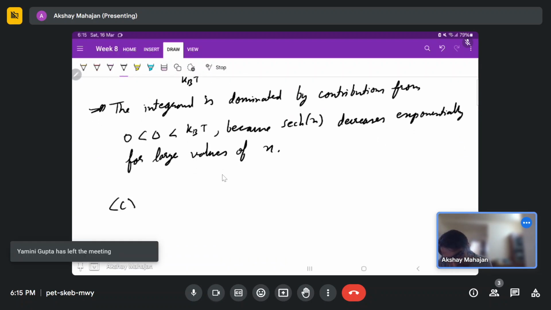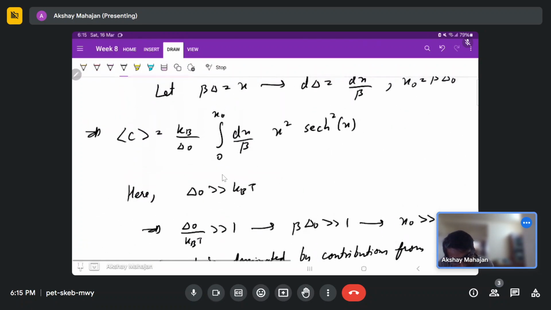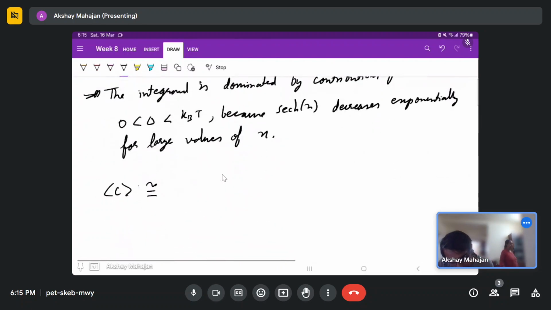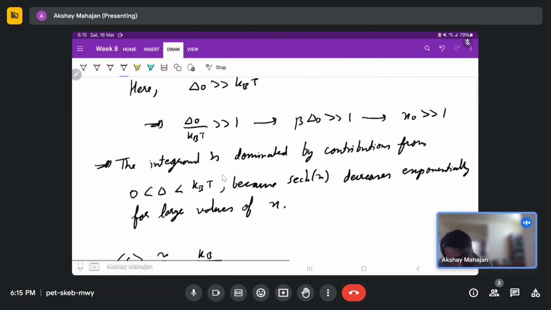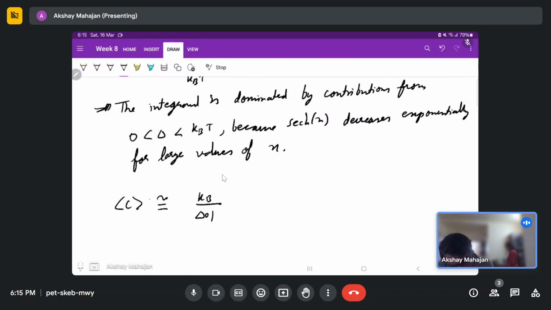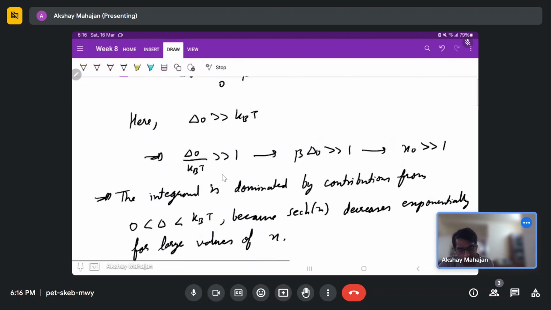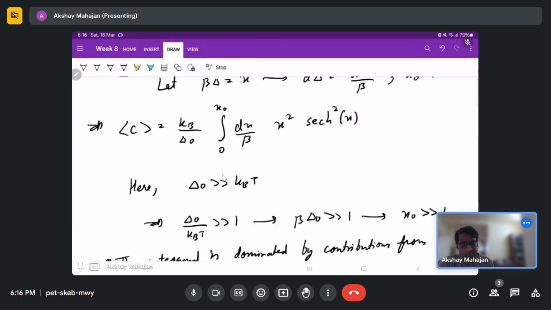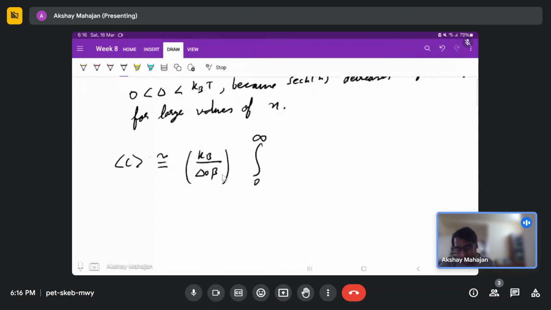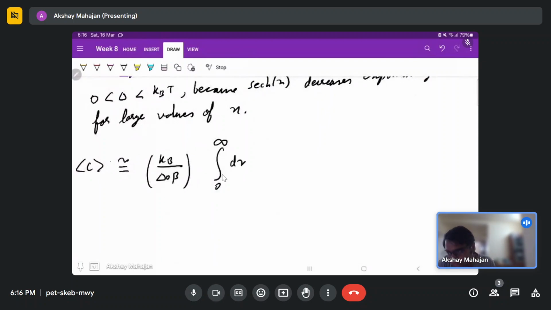So basically we can approximate our heat capacity as kb times delta naught times beta, times the integral, which you can just approximate to infinity, because sec hyperbolic x goes exponentially to zero and x naught is a very large value. So we can just take this integral to infinity.